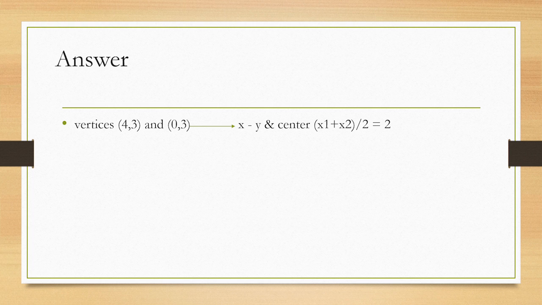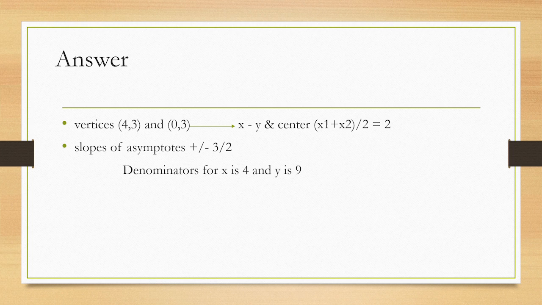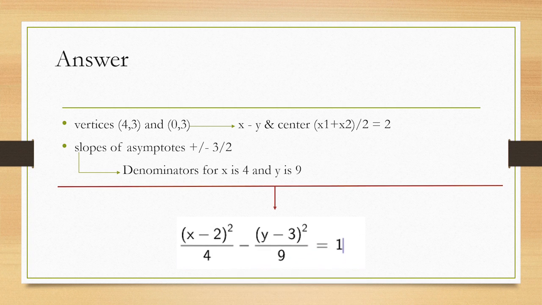If you see, the question gives us the slope of the asymptotes, which is the change in y over the change in x. So we know that our denominators are 4 and 9. Now, we just need to put this information into the equation, and then we have it. (x − 2)² over 4 minus (y − 3)² over 9 equals 1.